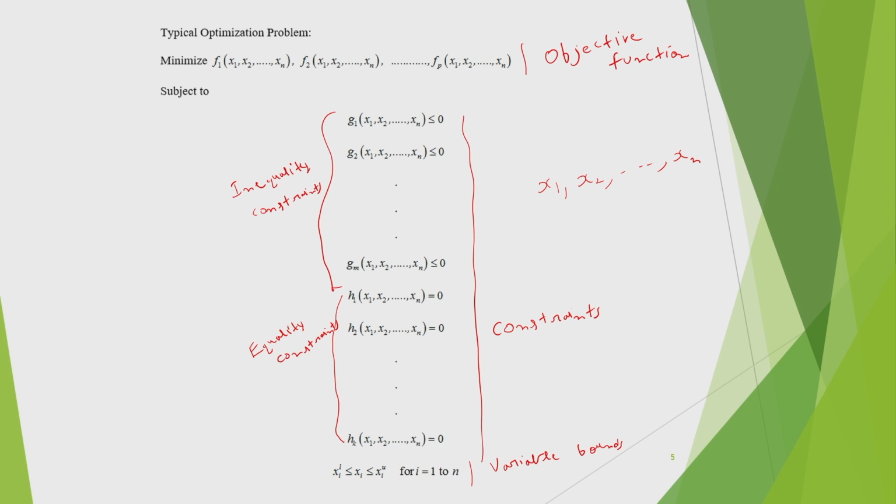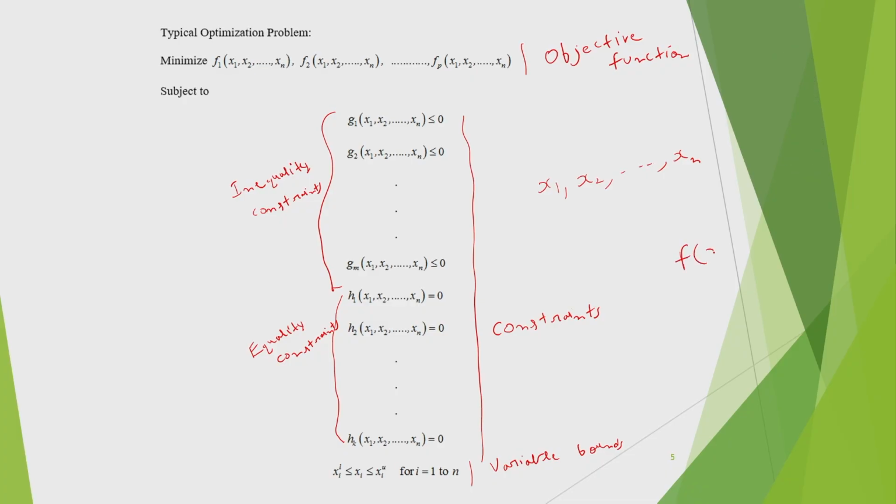Now sometimes you may have the objective as maximize. If it is maximize, you can easily convert it into minimize form. If you have to maximize something, that means you have to minimize the negative of that, or minimize the inverse of that. Suppose I have a function f(x) that I have to maximize. I can minimize minus f(x), or I can minimize 1 by f(x), whichever is convenient.